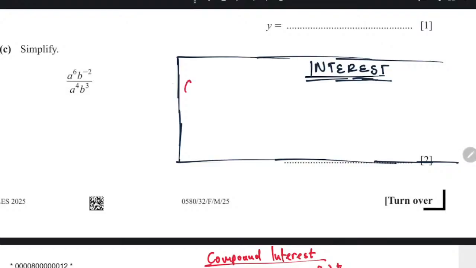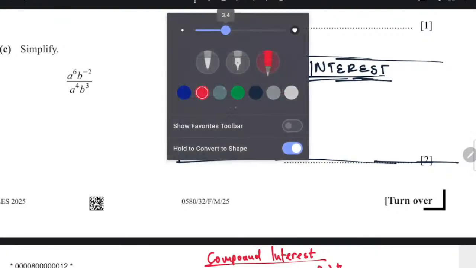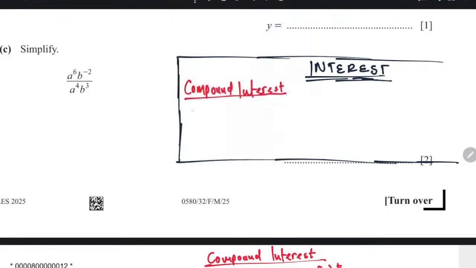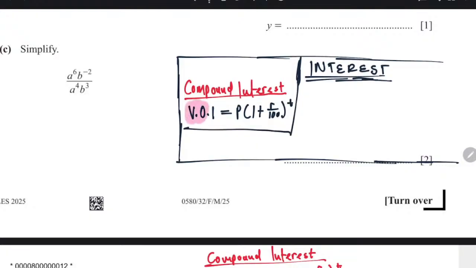When you see the word compound interest, I don't care what they say, I want to see this formula on your paper. Or else, I don't even want to look at your paper. Value of investment is equal to principal multiplying 1 plus rate over 100 to the power of time. This is what you write. Value of investment.